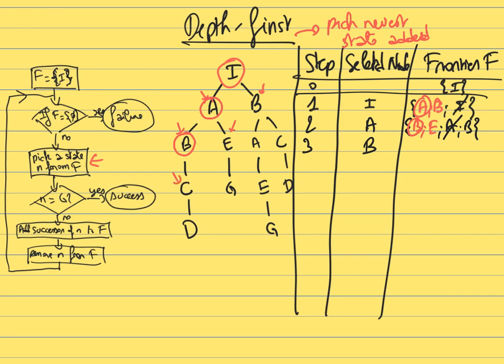So you will add C as a new state that you add to your frontier. You add it at the beginning of your frontier. So then you had the rest of the frontier, which is B, E, and B. You remove B because you just visited it.